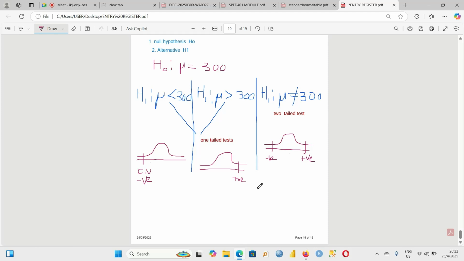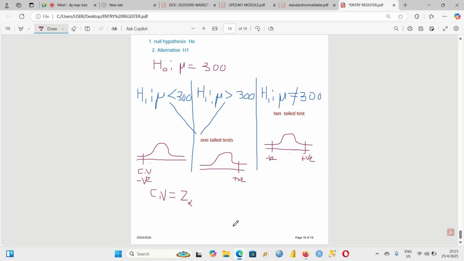Then the second stage now is to find the critical value. How do you find the critical value? You have to find the critical value according to the type of your test. If you have a one-tailed test, the critical value is just Z alpha, where alpha is the level of significance.